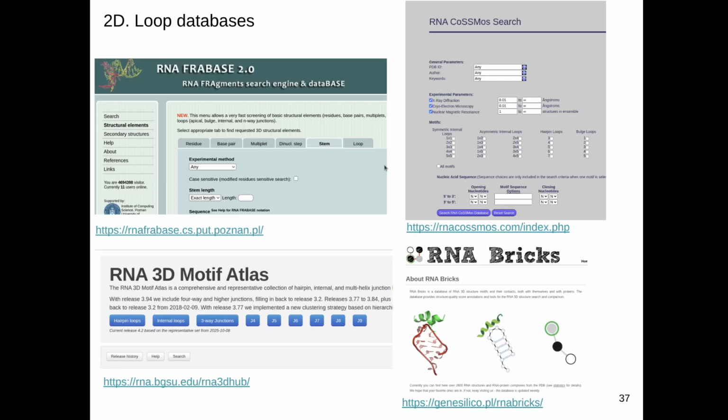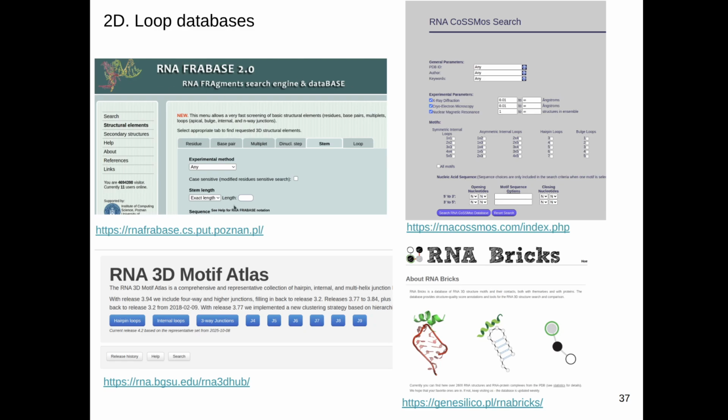Now we also have a number of databases which store 3D fragments of RNA that correspond to different loops of secondary structure. So for each experimentally determined 3D structure, we annotate secondary structure and decompose 3D fragments into stems and loops, and then we catalog and classify those loops and store them in different ways.